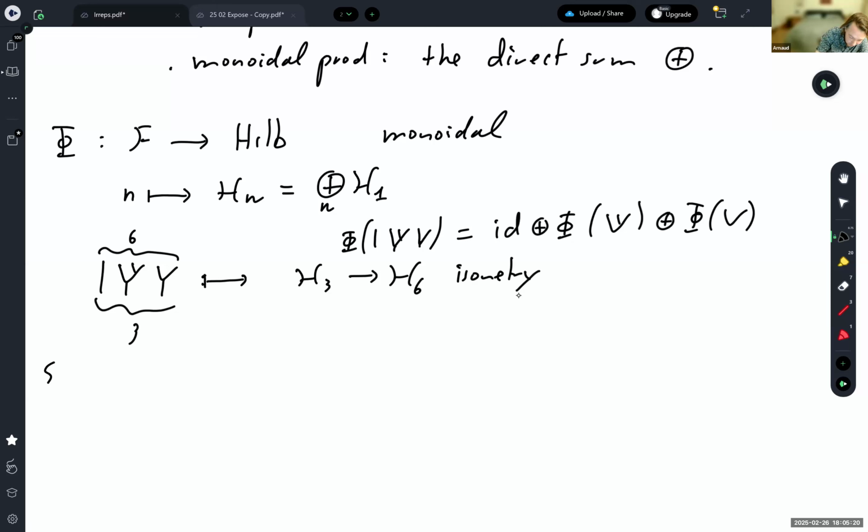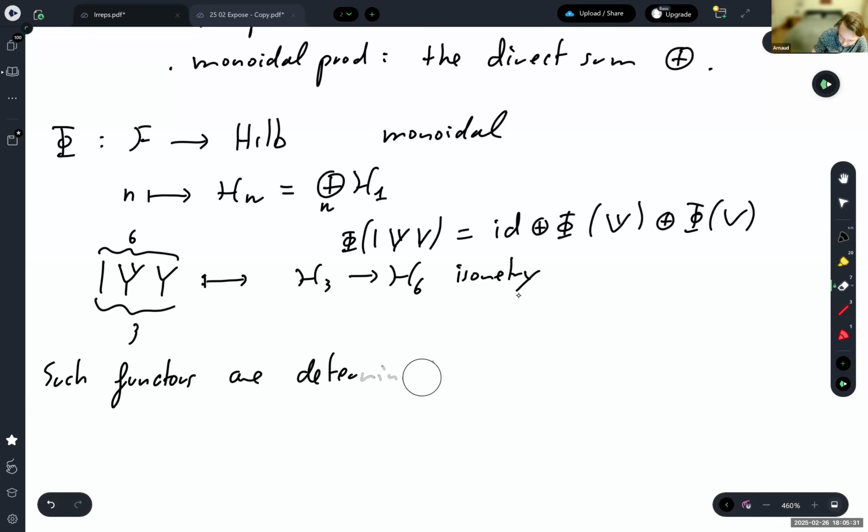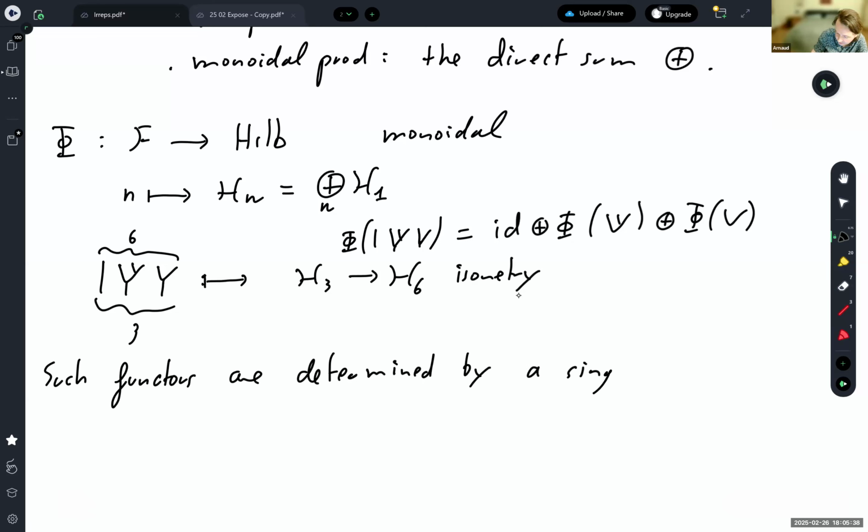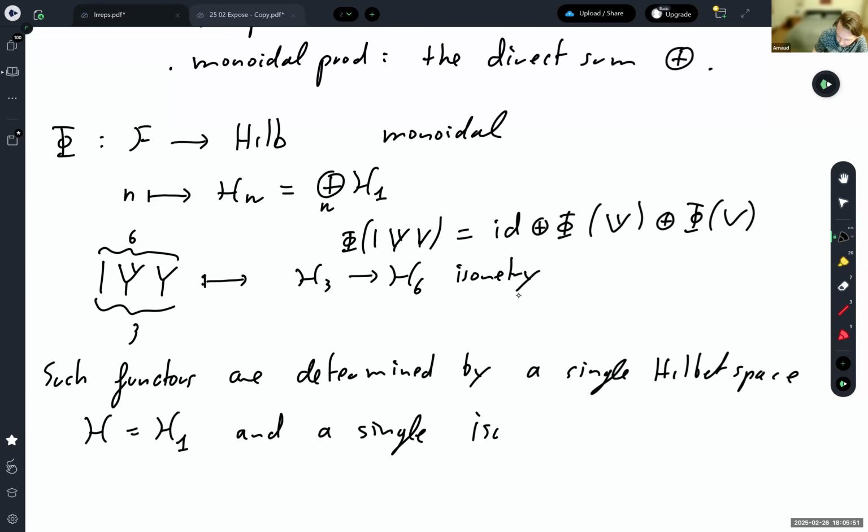So in fact, such functors are determined by a single Hilbert space H, which is our H1, and a single isometry.